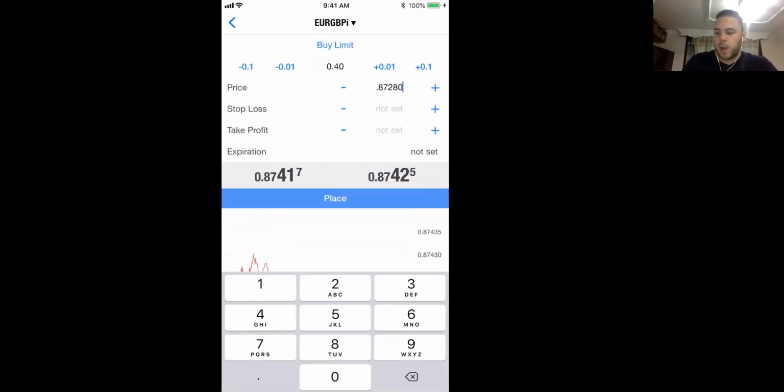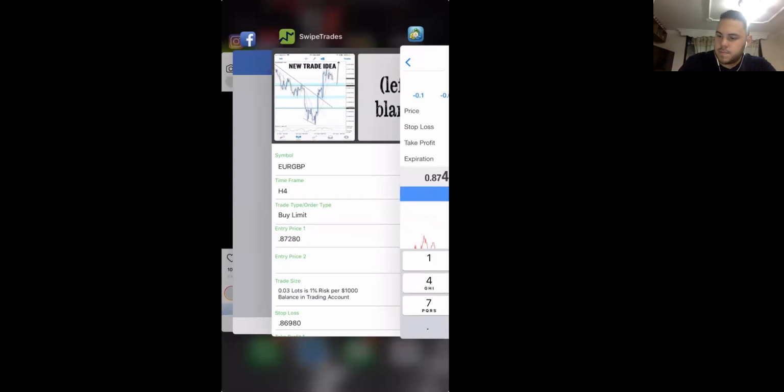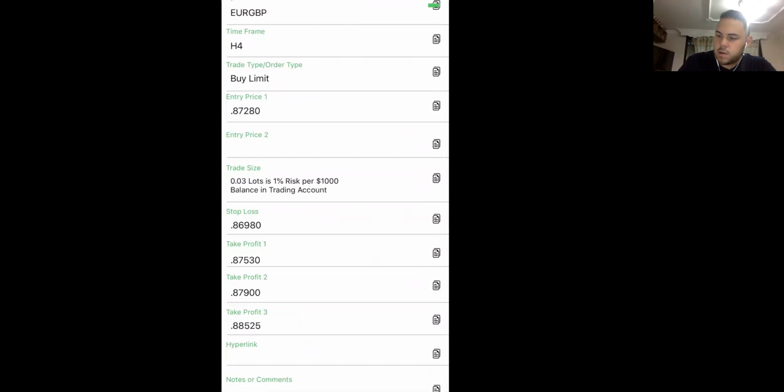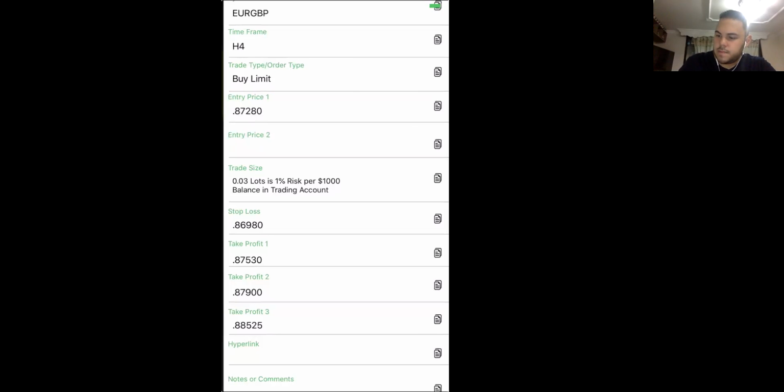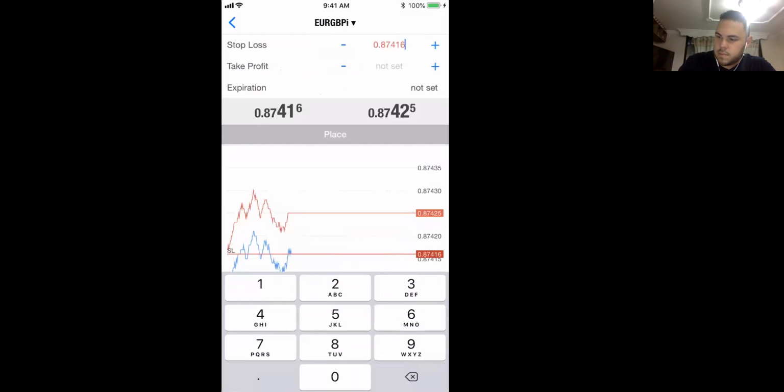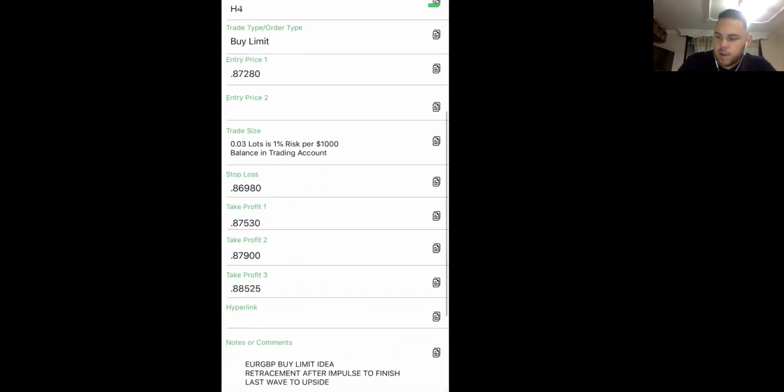That's my entry price. Stop loss, I'm gonna copy it. And then I like copying take profit too.